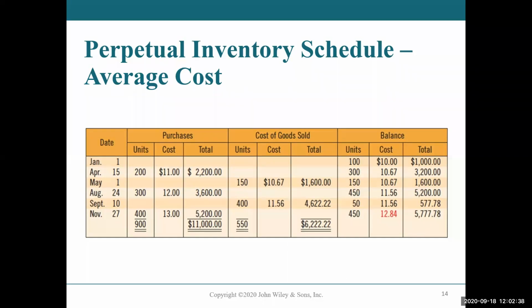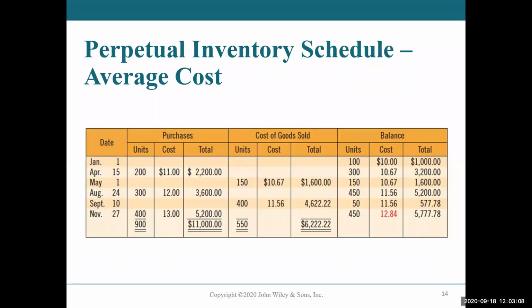So on January the 1st, we had 100 units at $10 each, giving us $1,000 worth of inventory. On April the 15th, we purchased 200 units at $11 each, giving us $2,200 of inventory. As soon as you do the purchase, we are going to add up the units. We purchased 200 units on April the 15th, and we had 100 units from the beginning. So we have a total of 300 units.